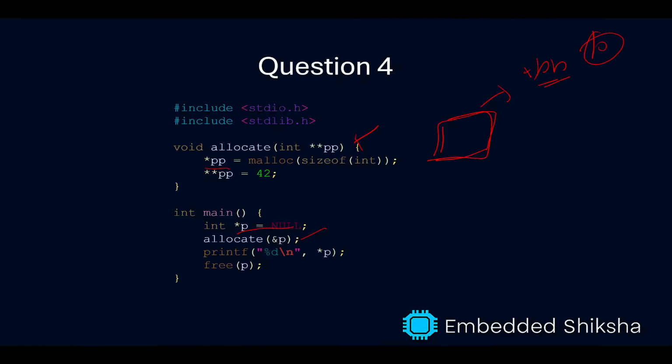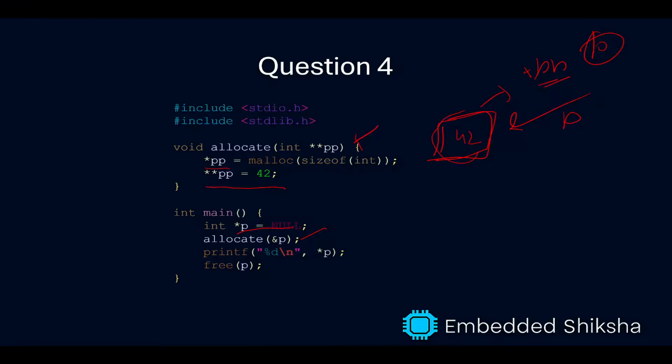Now p is pointing to this allocated memory, and then you are doing double star p. When you do star star p, it means p is holding the address of this memory, and on that memory some value will get stored. So this star star p will be storing 42 here.